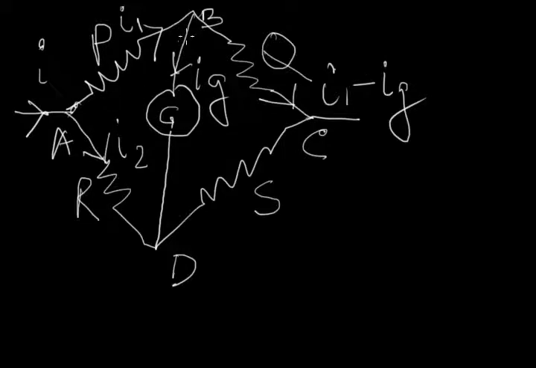Now as you can see, Ig is coming from here, I2 is coming from here. So what gets in here is I2 plus Ig.